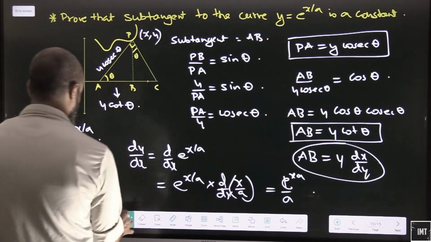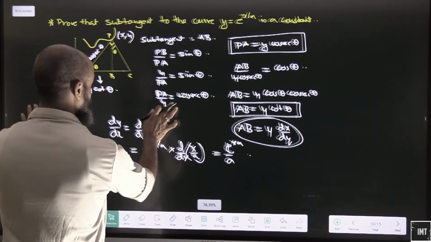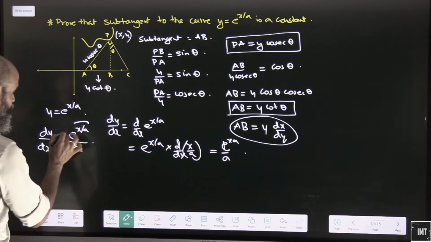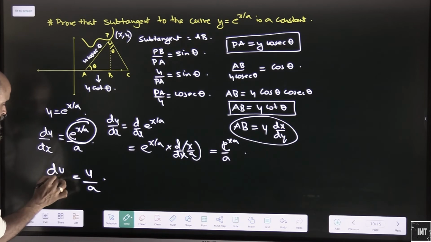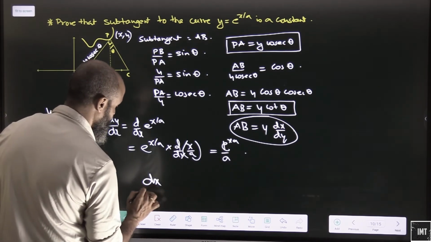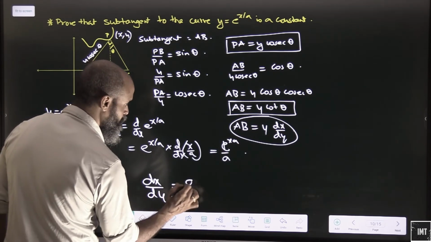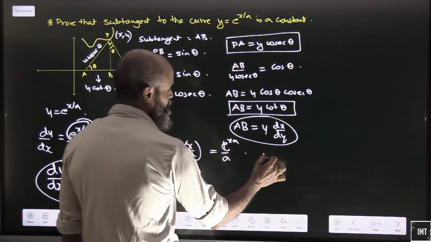So this is going to be a constant subtangent. So e^(x/a) is how much? y upon a. So dy by dx is equal to y upon a, or we can say dx by dy is equal to a upon y. Now what is the length of the subtangent AB?